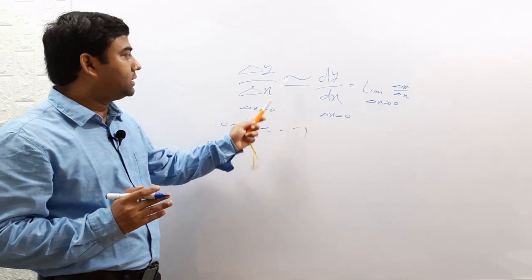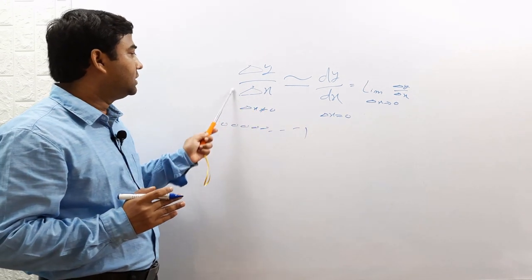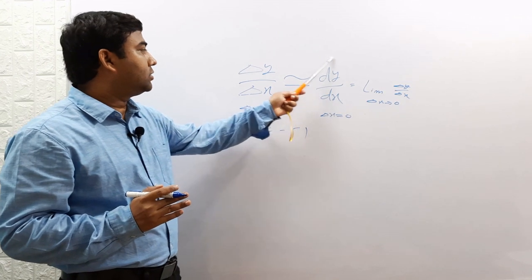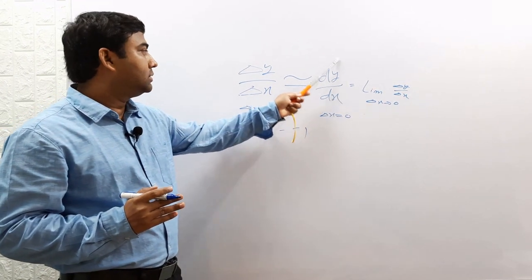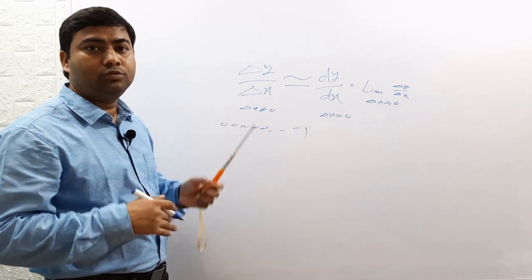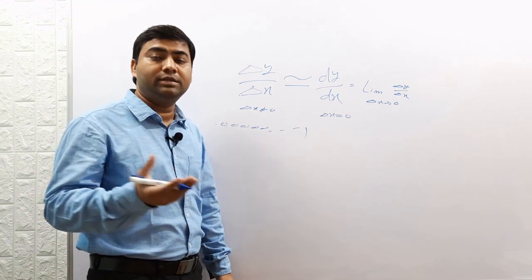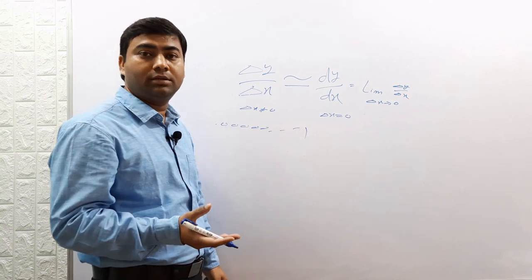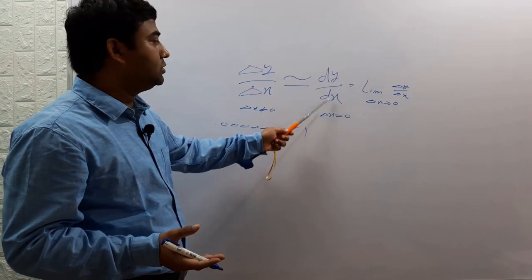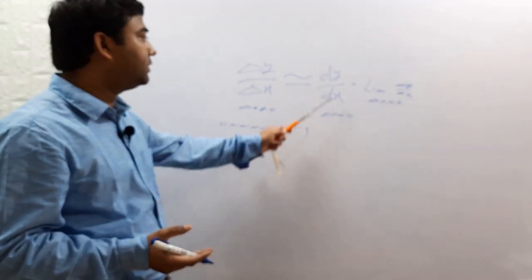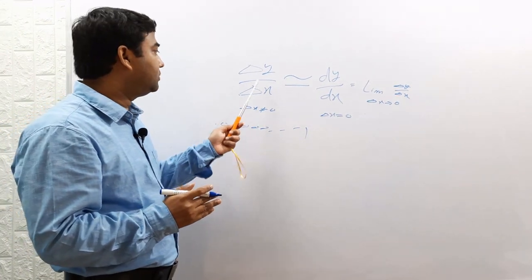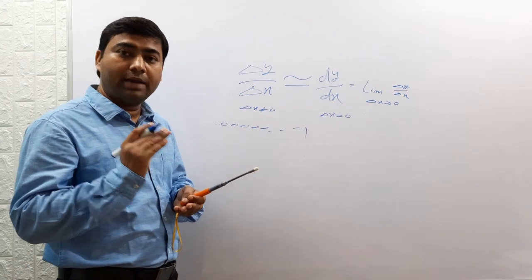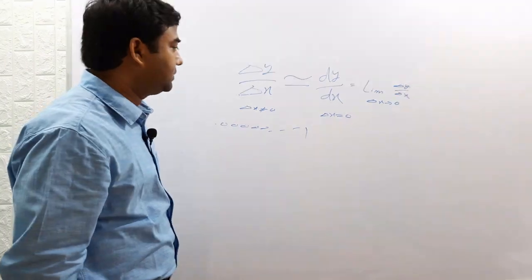Please remember, approximately. This concept is asked in many examinations to calculate the error in measurement, error in calculation. This method is used. Dy over dx is the exact ratio, delta y over delta x is the approximate ratio. Just please remember.